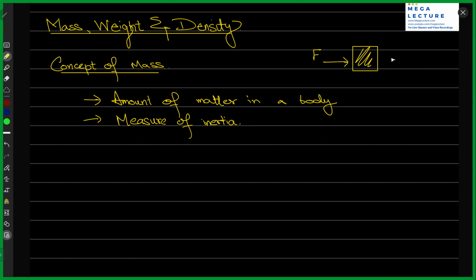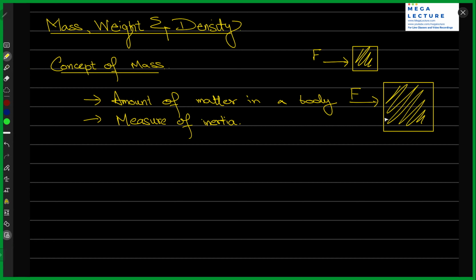Suppose the other body is a bigger block of iron, so it would be heavier than the smaller one, and you apply the same force to it. Which one would be more difficult to accelerate? The heavier one, the one with more mass, right? Yes. So this one would be more difficult to accelerate.